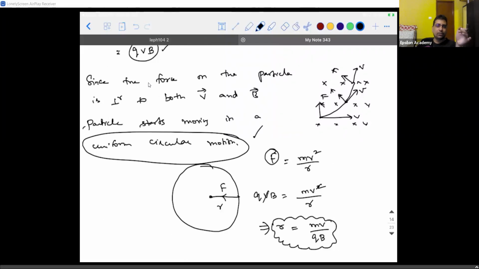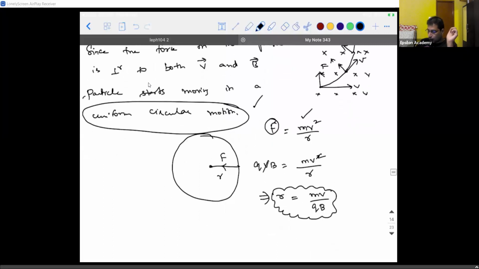For any particle to be in uniform circular motion, the necessary force is the centripetal force, mv square divided by r. So q into v into b is equal to mv square by r. Then the radius of the circular path is mv divided by qb. So r is equal to mv divided by qb is the required answer. I hope it is clear till this step, guys.